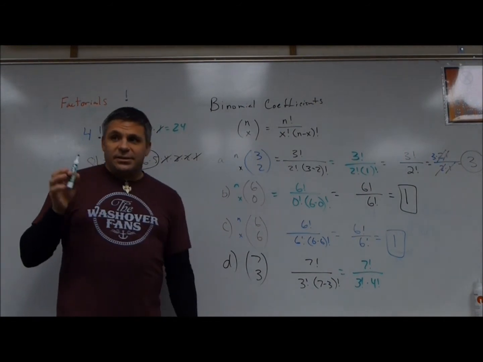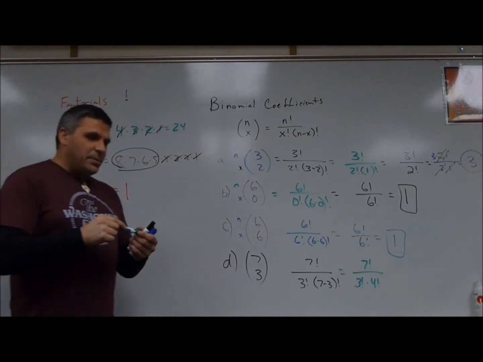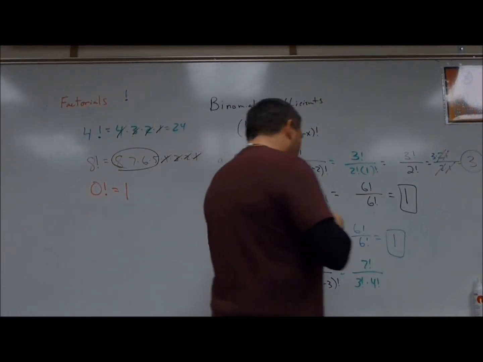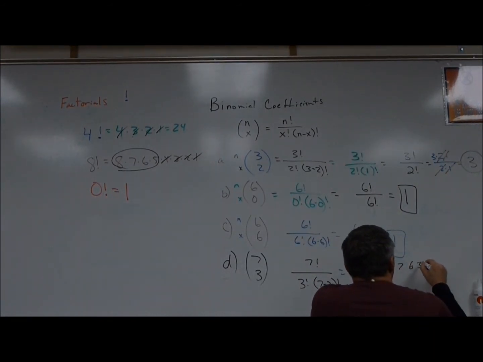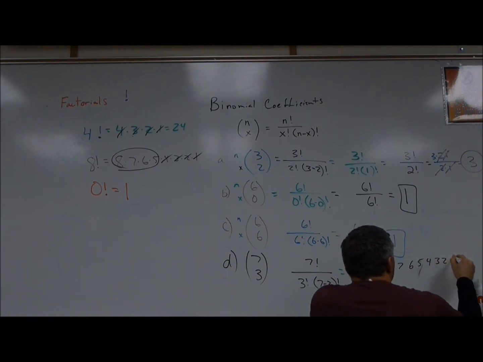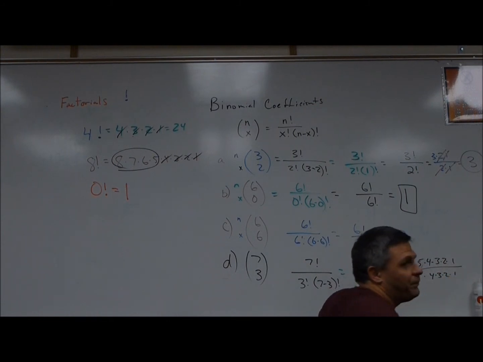Well, this is interesting, right? Because when we expand these, we have 7 times 6 times 5 times 4 times 3 times 2 times 1 all over 3 times 2 times 1 times 4 times 3 times 2 times 1.